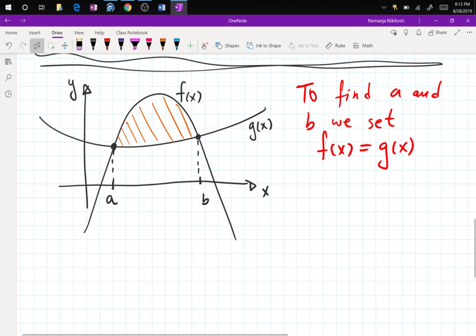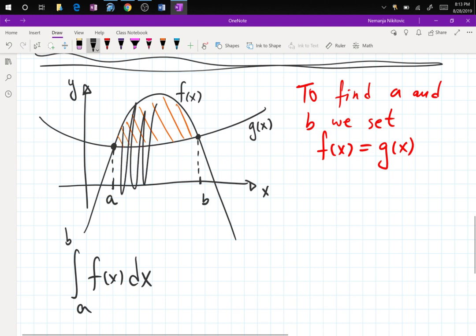So think about this. What I'm going to do is I'm going to set up the integral from a to b of f of x dx. Now that is pretty much like the entire banana, because I have all of this calculated as area with that integral, right? It's just area under the curve.